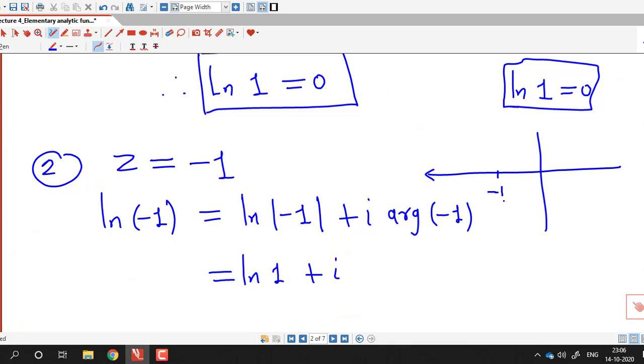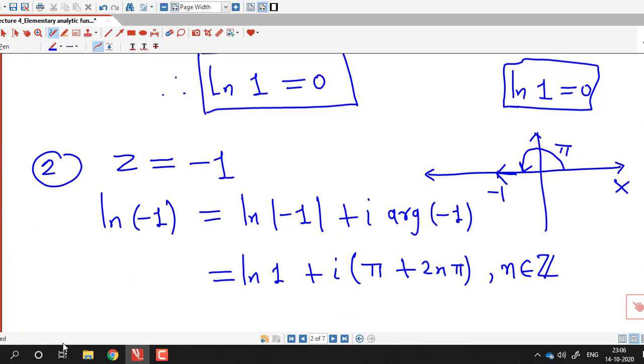We measure the angle made by this vector with the positive x-axis, and this angle is pi. So we write the general argument of minus 1 as pi plus 2n pi. To include all possible values, we write it this way, n belongs to Z.